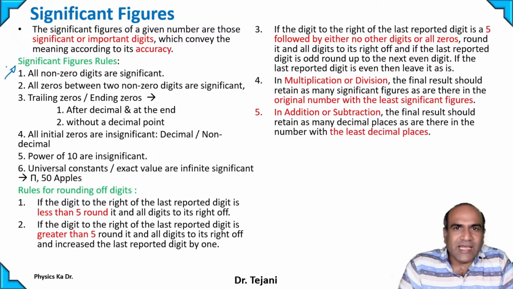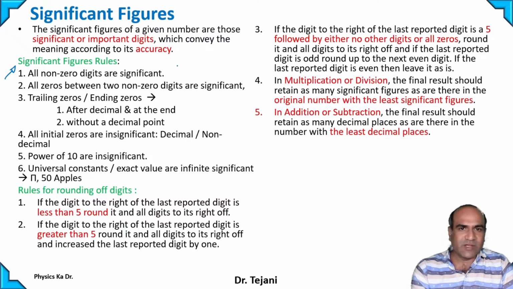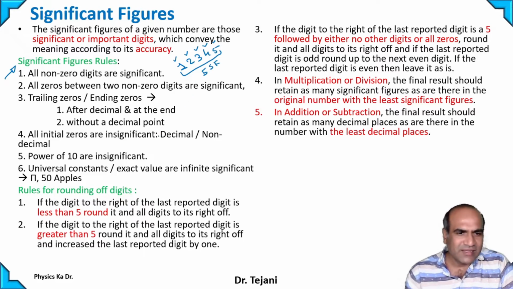Significant figures have some rules. First, all non-zero digits are significant. Say, for example, one value is 1, 2, 3, 4, 5. All are non-zero, so that becomes 5 significant figures.